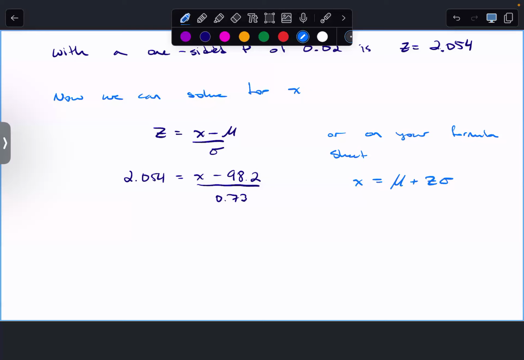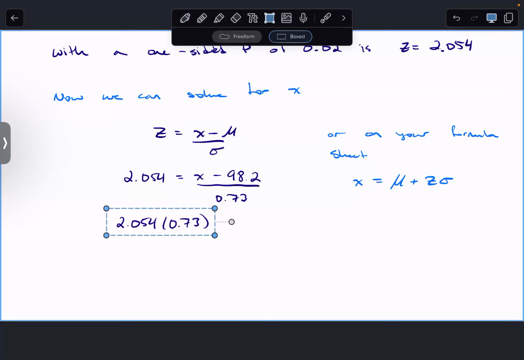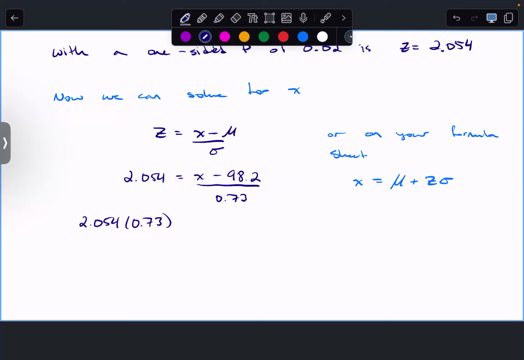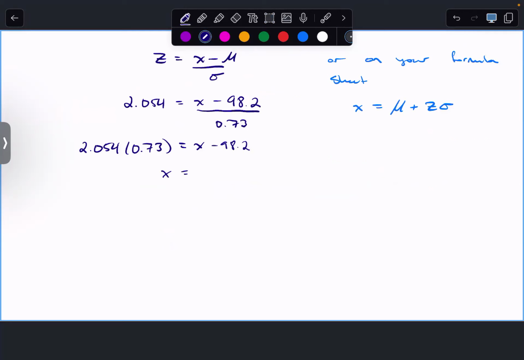Whereas in my calculation, I'm going to have Z times sigma and then plus mu, but it's okay. So this becomes 2.054 times 0.73. I want to stack my equal signs. It's X minus 98.2, which means X is, where is it?